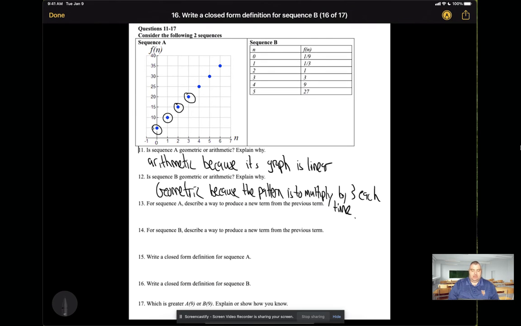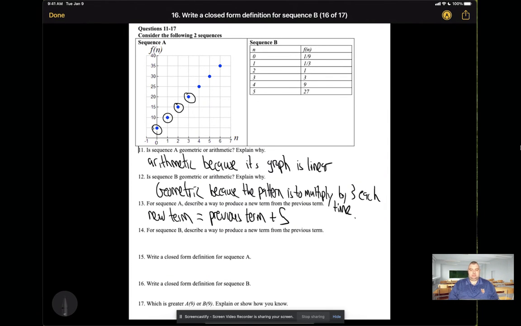So the new term is going to be equal to the previous term plus 5. New term equals previous term plus 5.